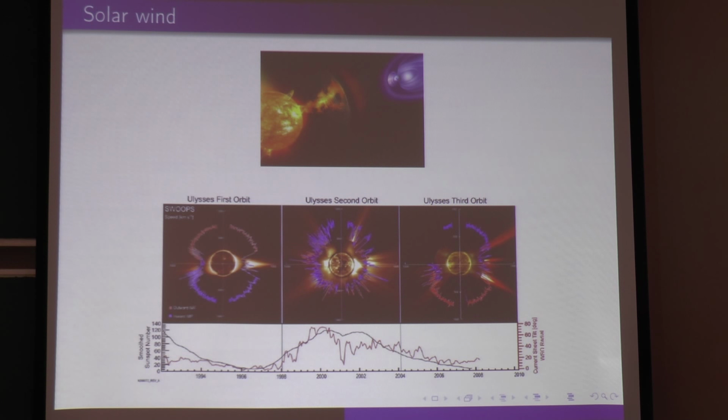Solar wind speed varies from 400 to 800 km per second, and the Ulysses mission shows different patterns of solar wind speed depending on solar activity.